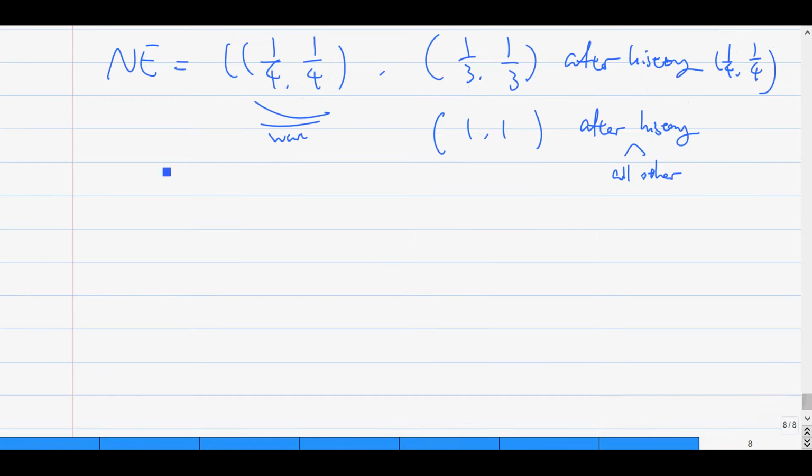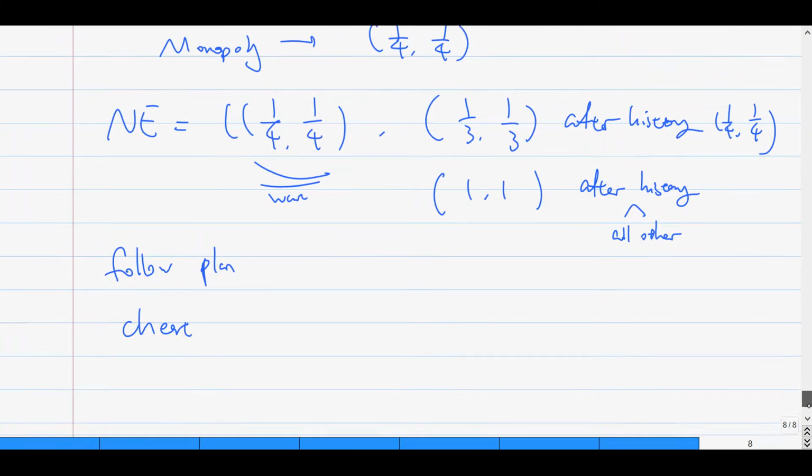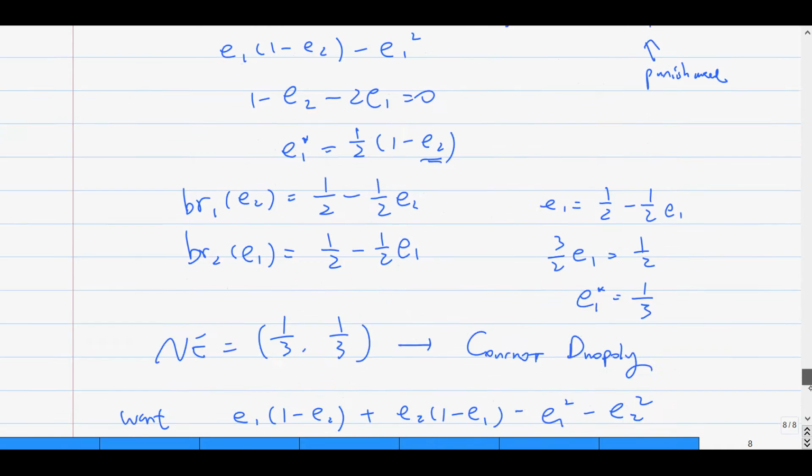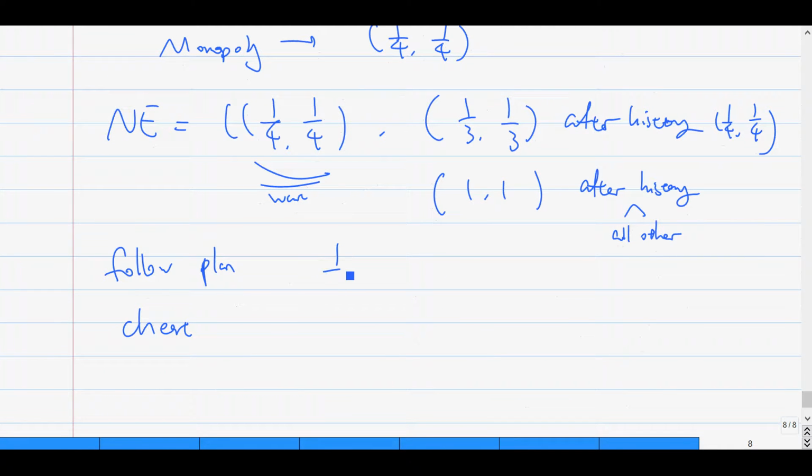The next thing is to check, and we did this many times already: follow the plan and then cheat. If I follow the plan, I get 1 over 4 times (1 minus 1 over 4 minus 1 over 4) minus 1 over 4 squared. Basically I substitute this pair into my utility function, which gives 1 over 8.